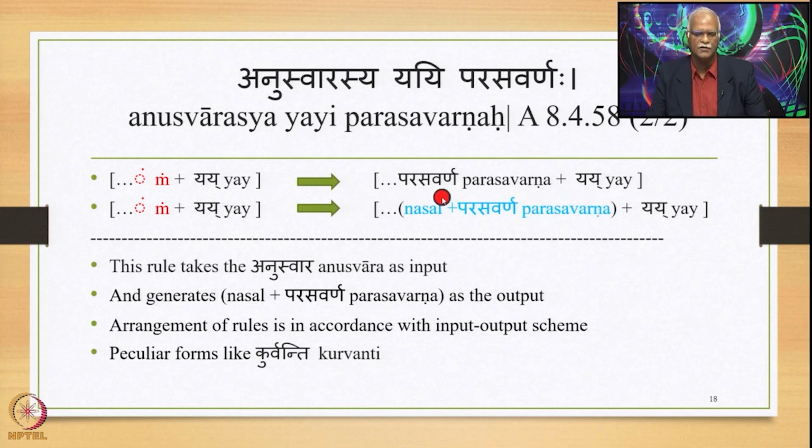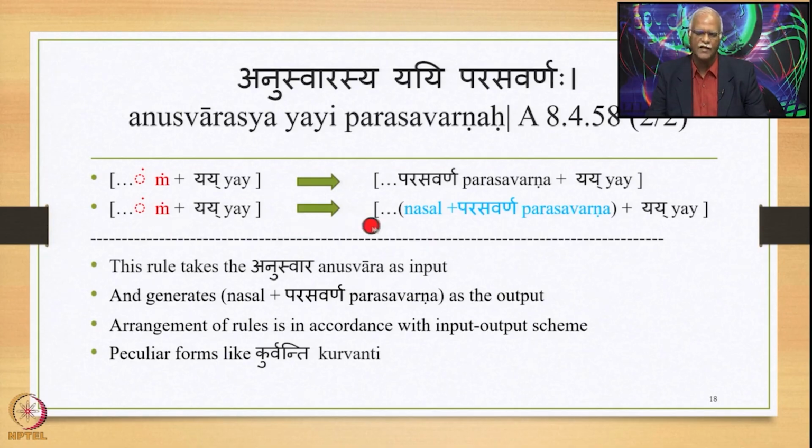But parasavarna is specified as, if you have m followed by yai, then the output would be nasal parasavarna, because we have to take into account the substituent, which is an anuswara, which is pronounced only through the nasal cavity. And so the substitute should be such that it should also have the nasal feature in it, and it should also be the savarna of yai.